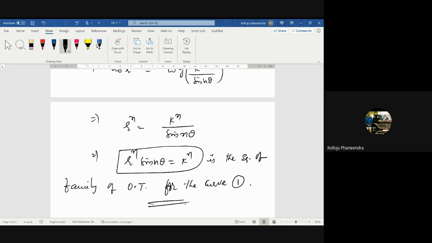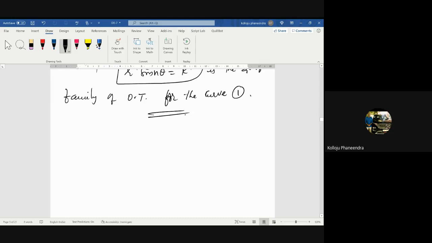This is the topic, the end of the second unit topic, orthogonal trajectories. Any doubts? Yes, any doubts? Now, briefly, what we have seen in unit 2.